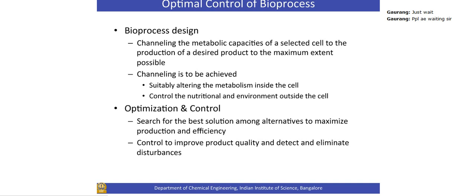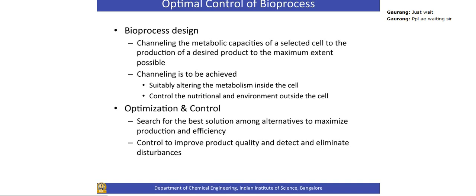So how do we do this channeling? Now, this channeling can be done in a variety of different ways. At a more fundamental or molecular level, we can alter the metabolism inside the cell. This amounts to changing the reaction structure or the network structure inside the cell by doing what we call recombinant DNA technology.